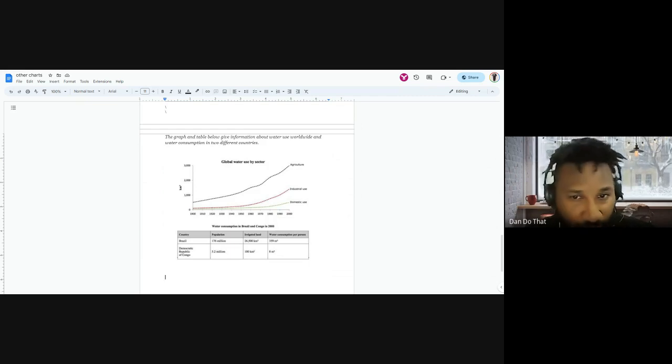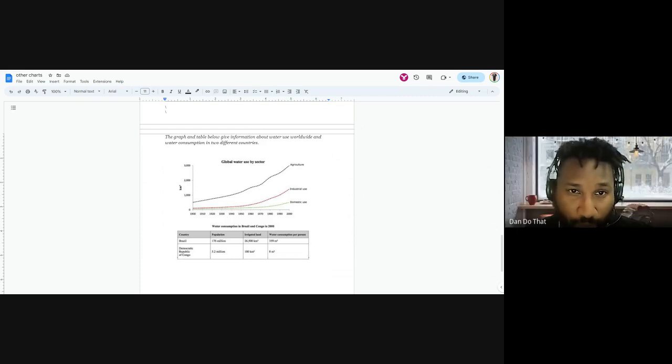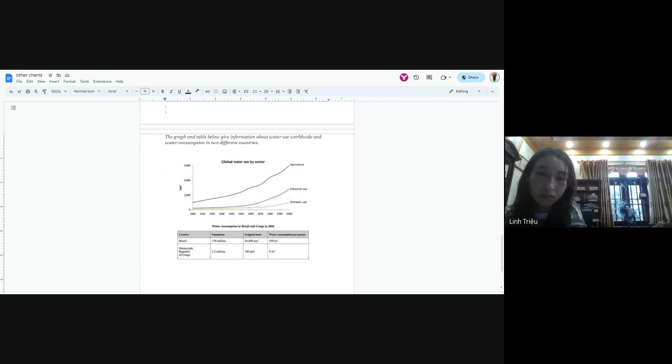First things first, turn that table into a bar chart. You could even turn that line graph into a bar chart just to help you see everything more clearly. We got 20 minutes.